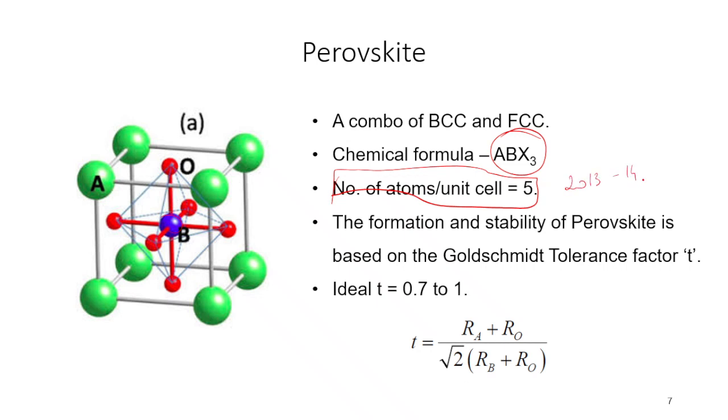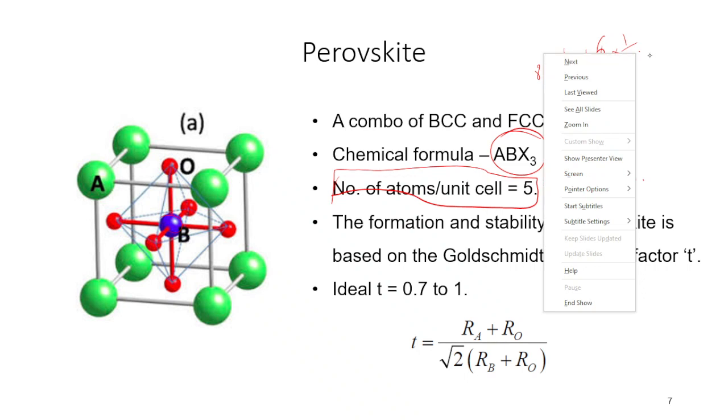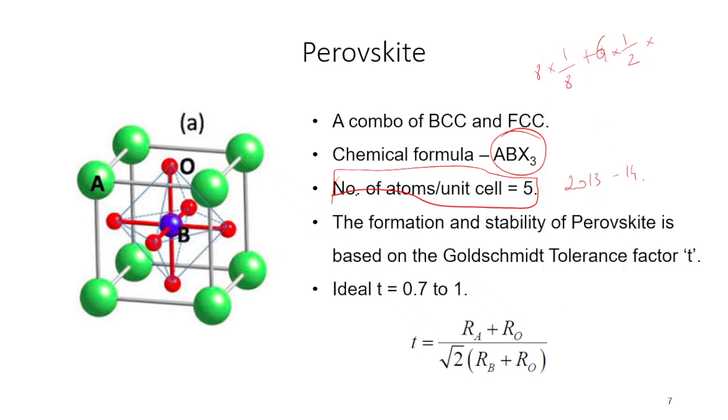And this was once asked, I guess in 2013 or 14, I don't remember exactly, but this particular question was asked: the number of atoms that are present in the unit cell of a perovskite. So it is 5, because just like FCC, we have 8 atoms shared by 8 unit cells, and six atoms at the faces shared by two unit cells each, and finally we have one atom at the center.